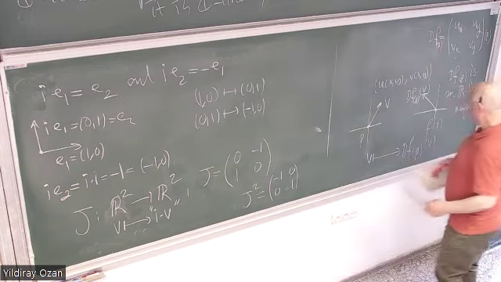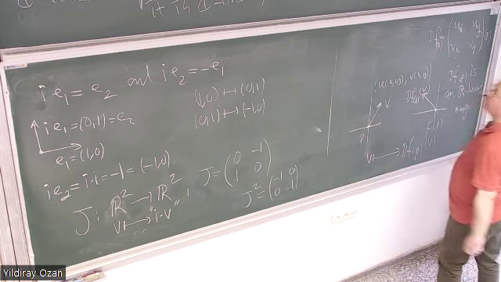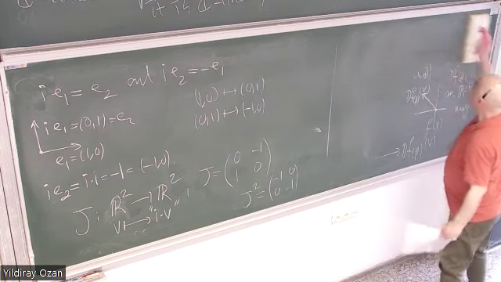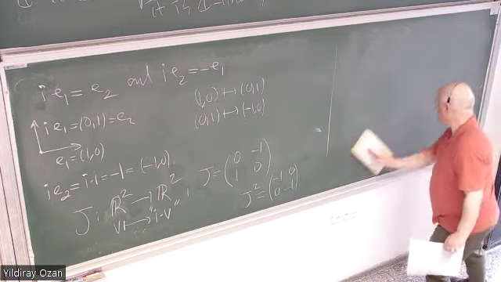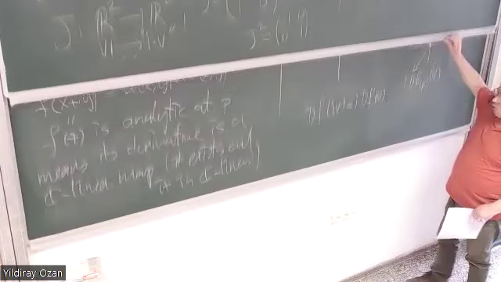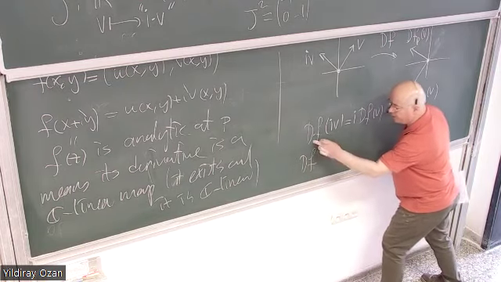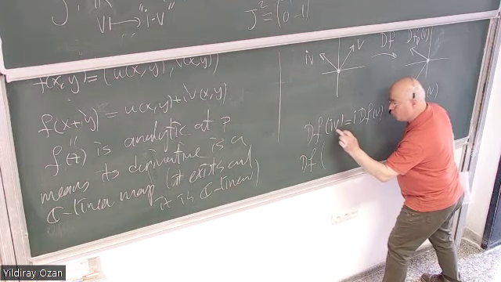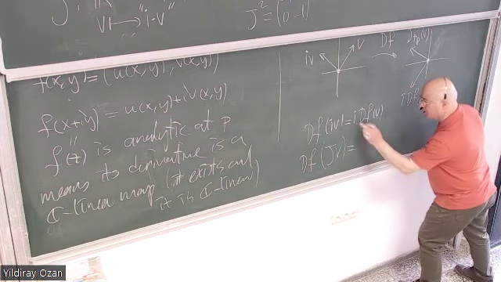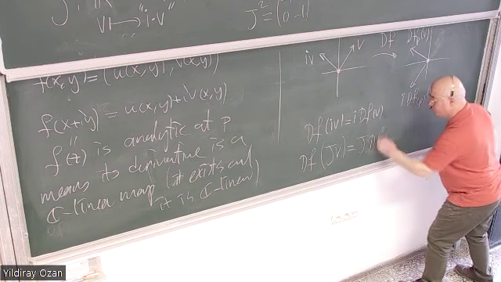So what does this tell us? Complex linear means this. You take this linear map and then you have this linear operation. So this is J times v, and multiplying by i means multiplying by J, df(v).